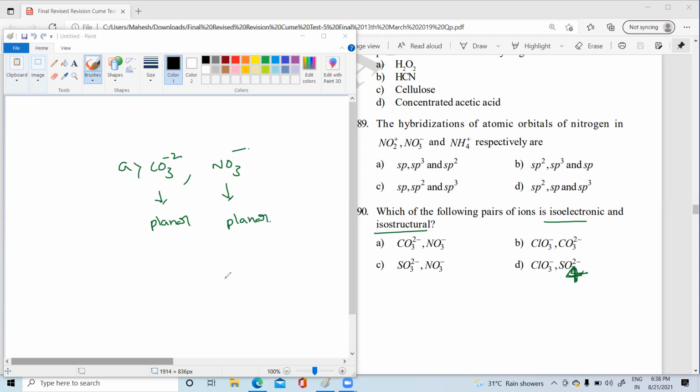Both cases have the same structure and the same number of electrons. Check here: 6 plus 3 into 8 plus 2 electrons gained. Even here, 7 plus 3 into 8 plus 1 minus charge. So both cases have the same number of electrons, students, and both have the same structure. Option A is the correct one. So 90 is the correct one.